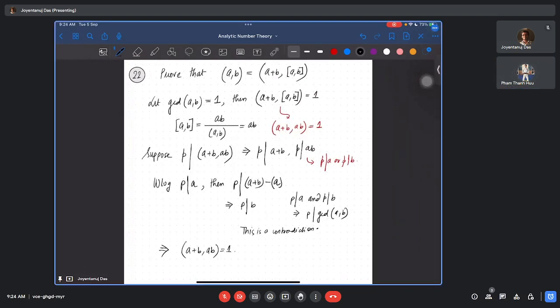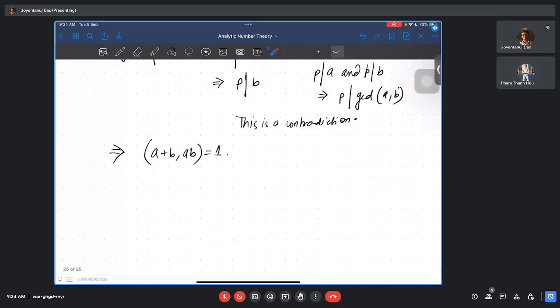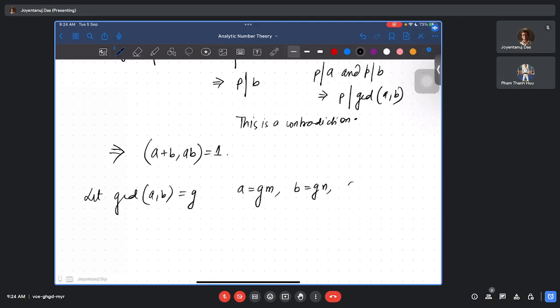Same idea. Now suppose the GCD is not 1; suppose the GCD of A and B is some G. Then I can write A as GM and B as GN, where the GCD of M and N is 1.